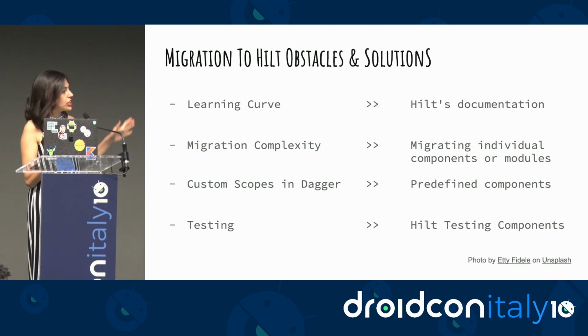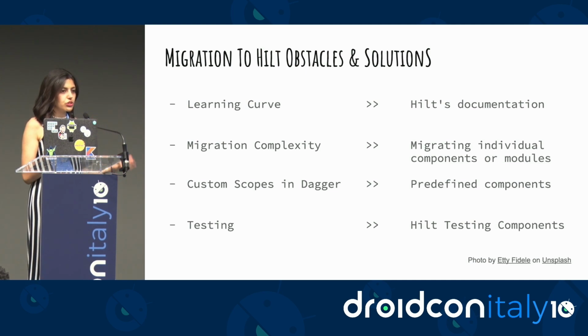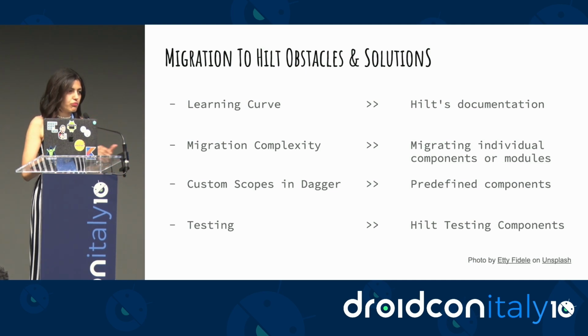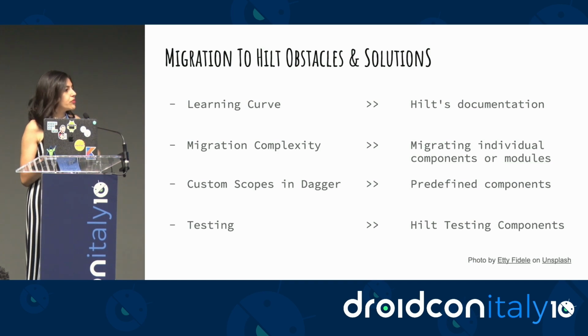About the migration complexity, it will depend on your code base. With a bigger code base and more dependencies, it's going to be more complex. Maybe you would break your migration into smaller pieces and migrate individual components or modules one at a time.